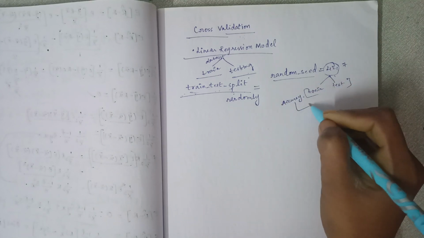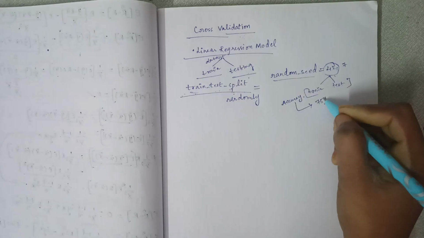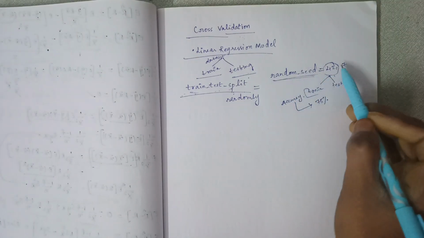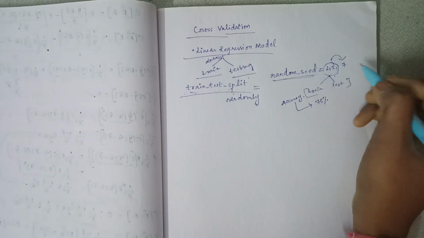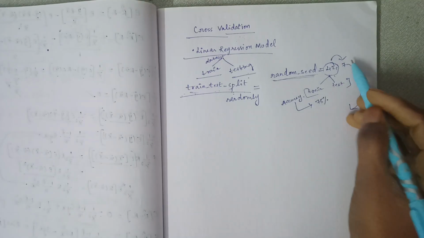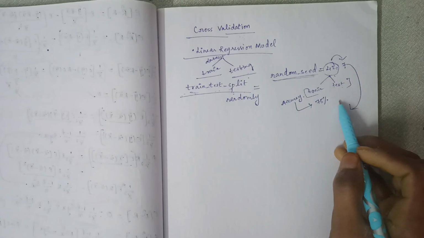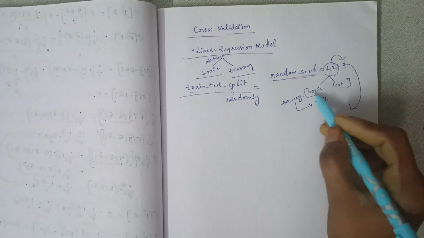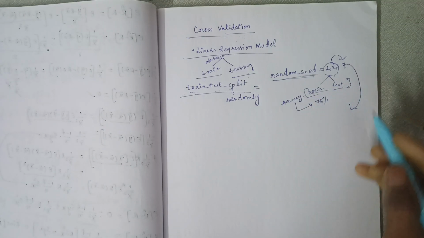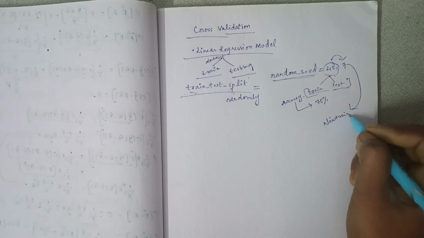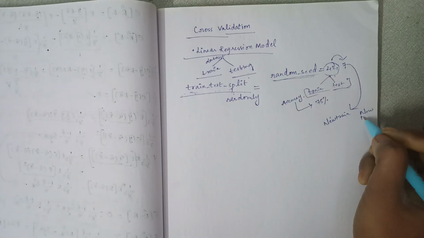Let us consider the accuracy is 75%. And when you change this random seed from 42 to 7, then again the training and testing data will not be the same. It changes the training data and the testing data. You will get new train data and new test data.